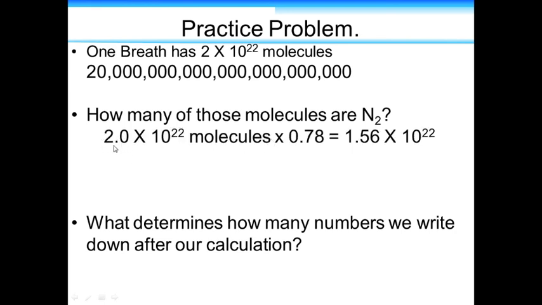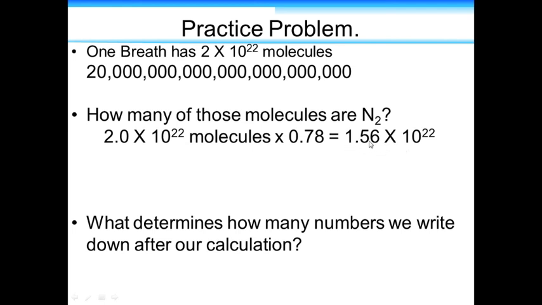I added an extra digit here; that should have been there as well. But 2.0 times 10 to the 22nd molecules times 0.78. If we take the answer from our calculator, it ends up being 1.56 times 10 to the 22nd molecules of nitrogen out of 2 times 10 to the 22nd. The majority are nitrogen. But now, do we write down every single number?